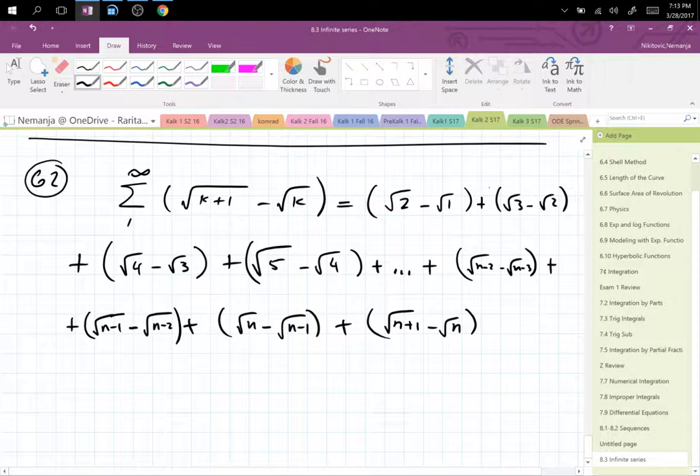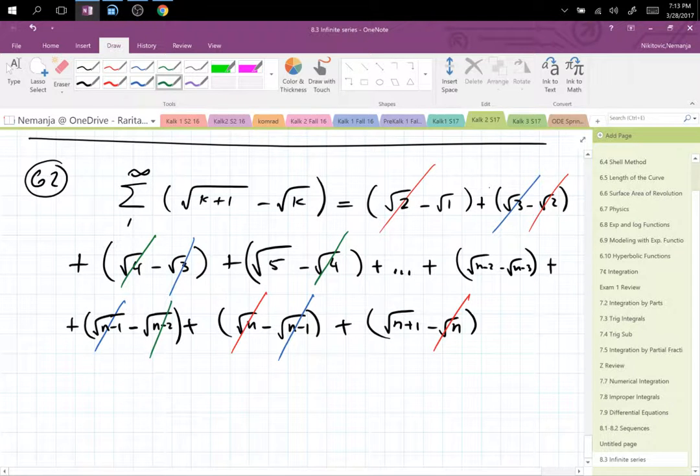So now when you start canceling, you have positive root 2, negative root 2. You have positive root 3, negative root 3. You have positive root 4, negative root 4. Going from the back, you have positive root n, negative root n. You have n minus 1, n minus 1.